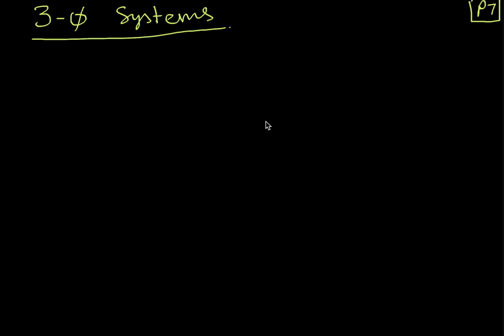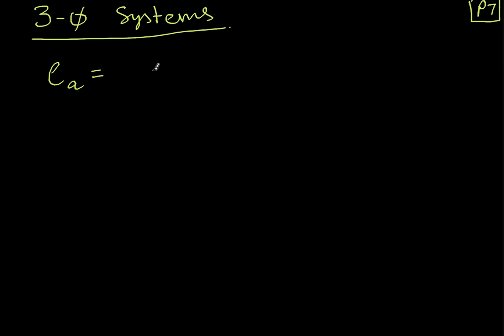So what exactly do we mean by a three-phase system? It's a set of three voltages, given by values something like this. I can take EA as some magnitude.